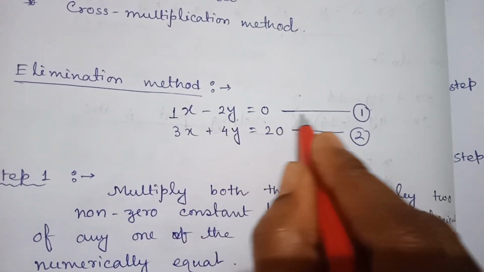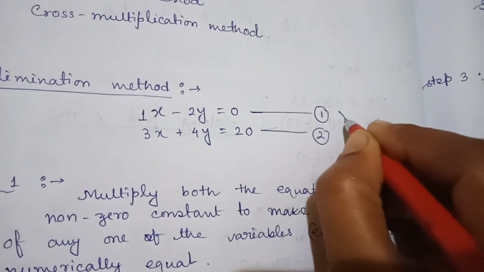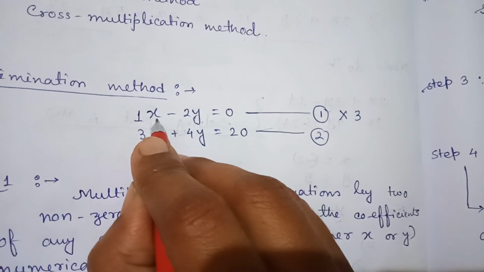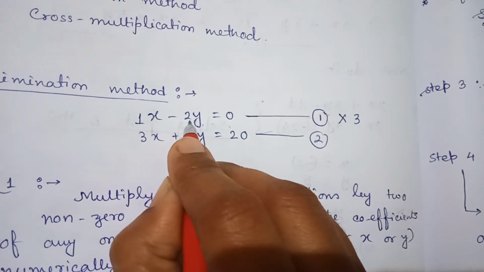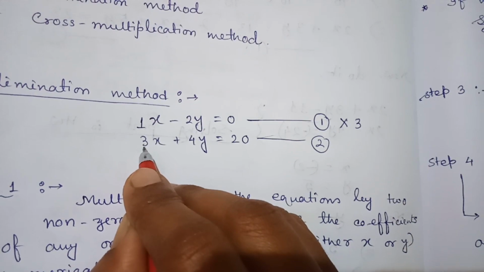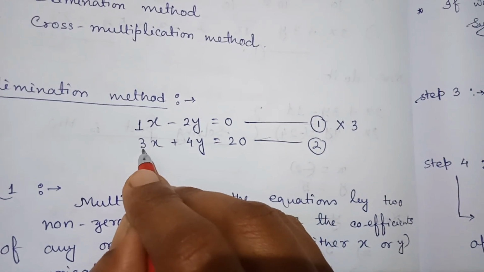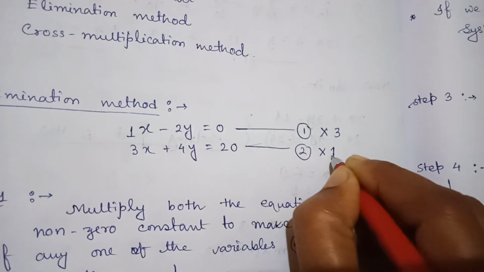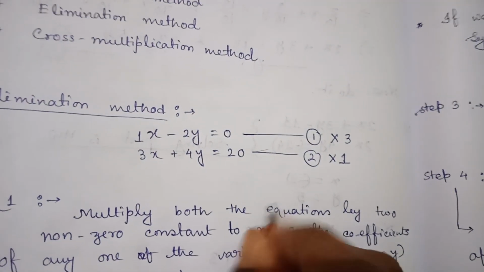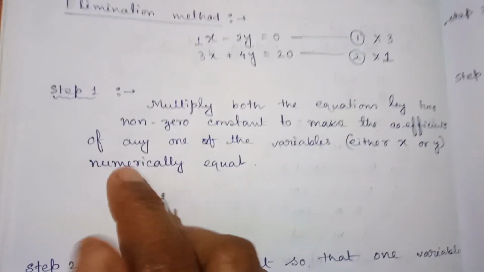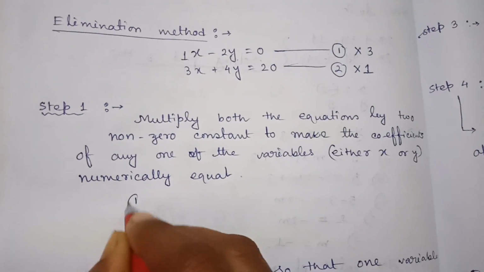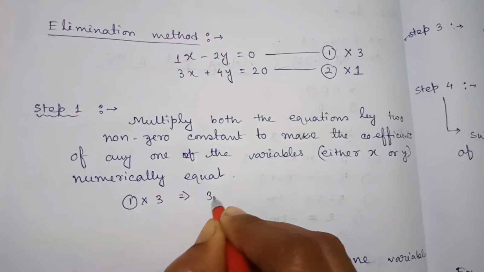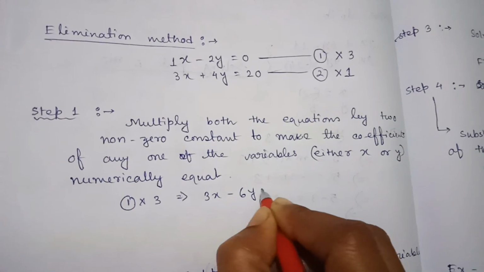Now if we multiply equation number 1 by 3, then we will be getting 3x here and 6y here, and this 3 is already there, so we need to make it equal, so we will just multiply it with 1. So how will it look after multiplication? Number 1 multiplied with 3 will give us 3x minus 6y equals 0.